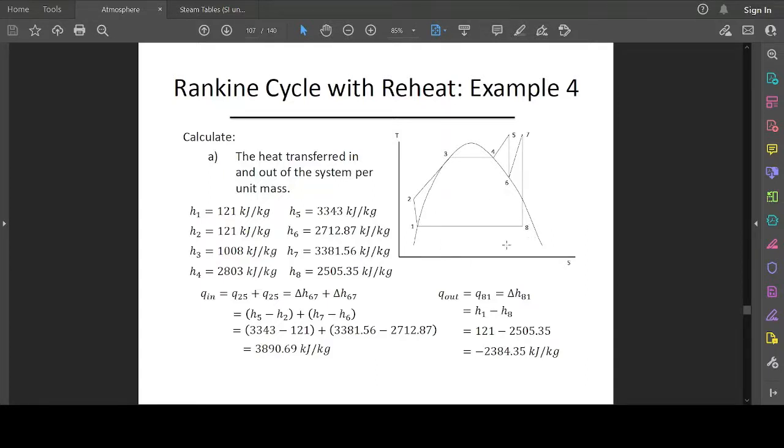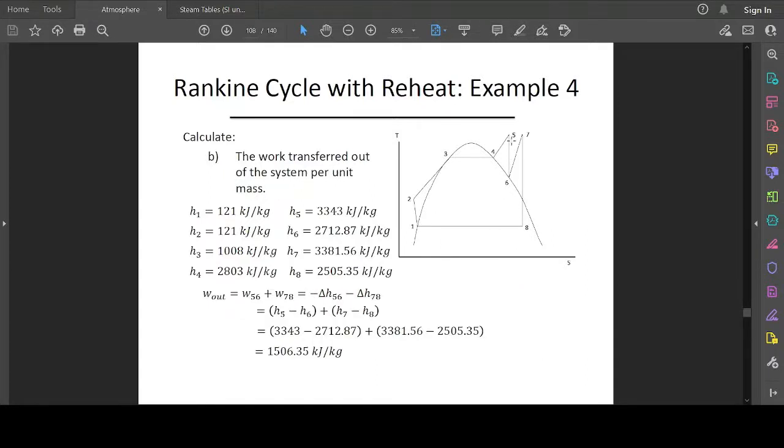Then the work out of the system is the work done by the steam in the turbine here, and also the work done by the steam in the turbine at stage 7. So that is the enthalpy change between 5 and 6 and the enthalpy change between 7 and 8. If we sum it up, it will give us the total work output from the two turbines.